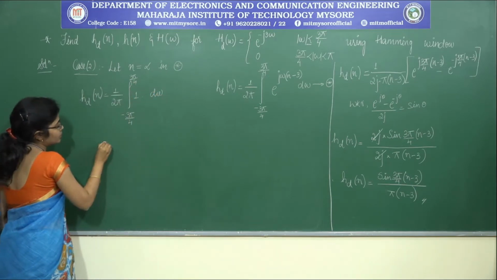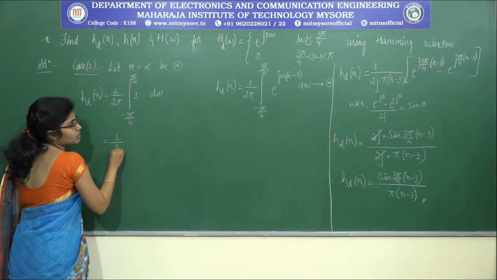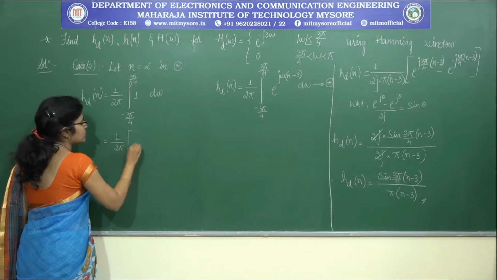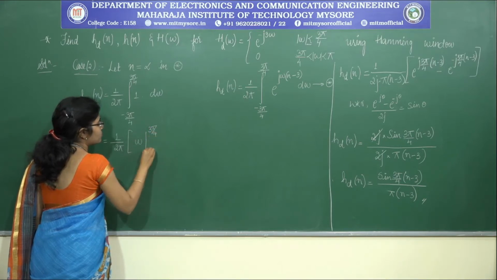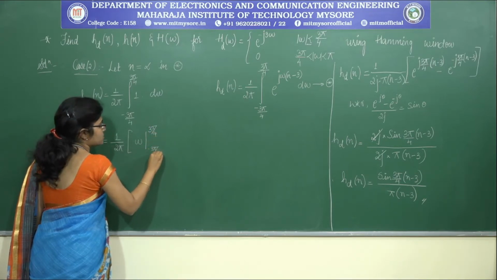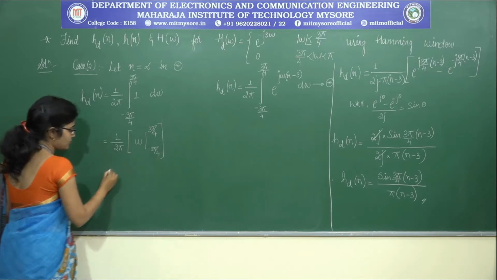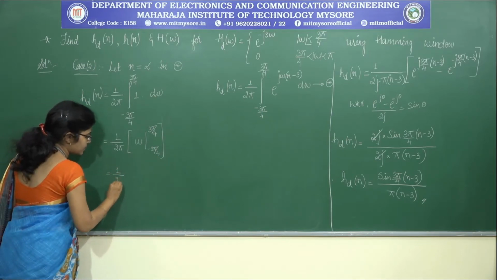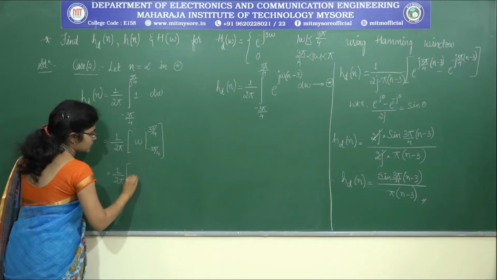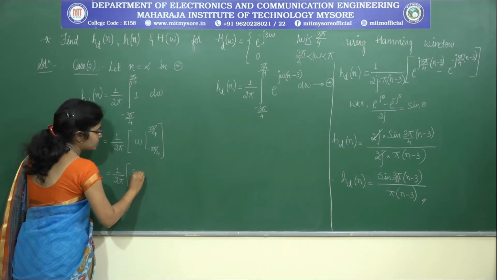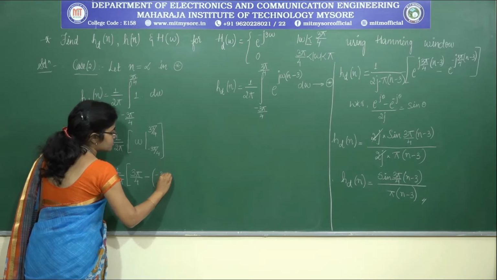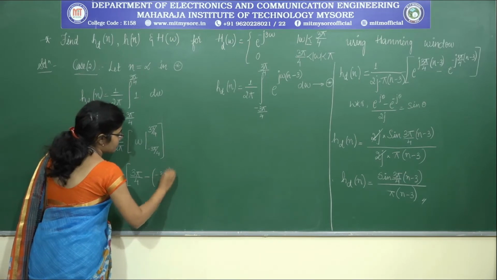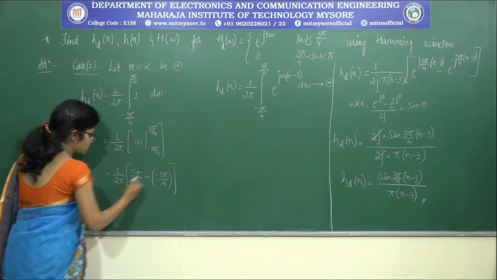So if I integrate 1, it will be 1 by 2 pi into omega under the limits 3 pi by 4 and minus 3 pi by 4. So if we substitute the limits and simplify, 1 by 2 pi into the upper limit is 3 pi by 4 minus of minus 3 pi by 4. So minus into minus becomes plus.